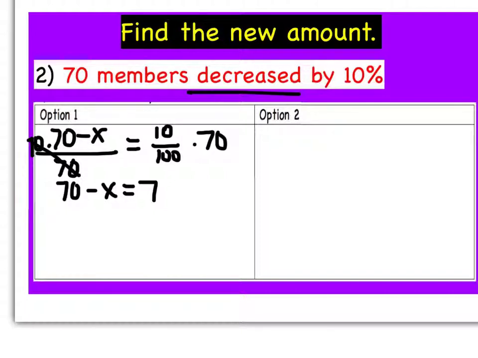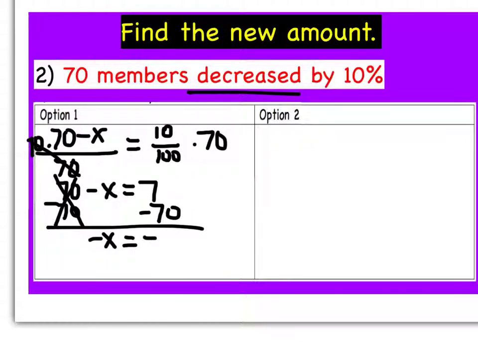Let's continue to see what we get for our value of x. The inverse of a positive 70 is a negative 70, so I'm going to subtract 70 on both sides. That cancels out. On this side I get negative x, which is fine, and on this side I get negative 63. Now the hard part is we have a negative 1 right here. In order to get rid of that negative 1, we need to divide by negative 1.